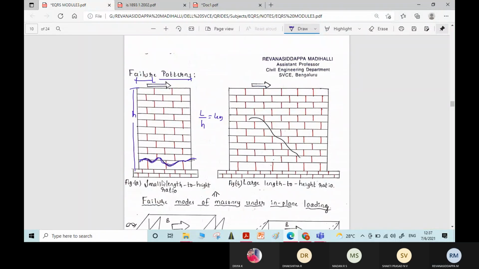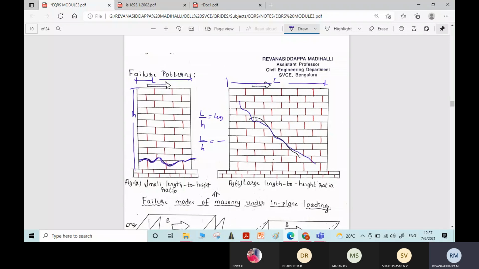Instead of a smaller length, if it has a larger length, when you calculate the ratio of length to height, it will be higher compared to the previous case. In this case, the type of failure will be a diagonal crack developed in the wall.